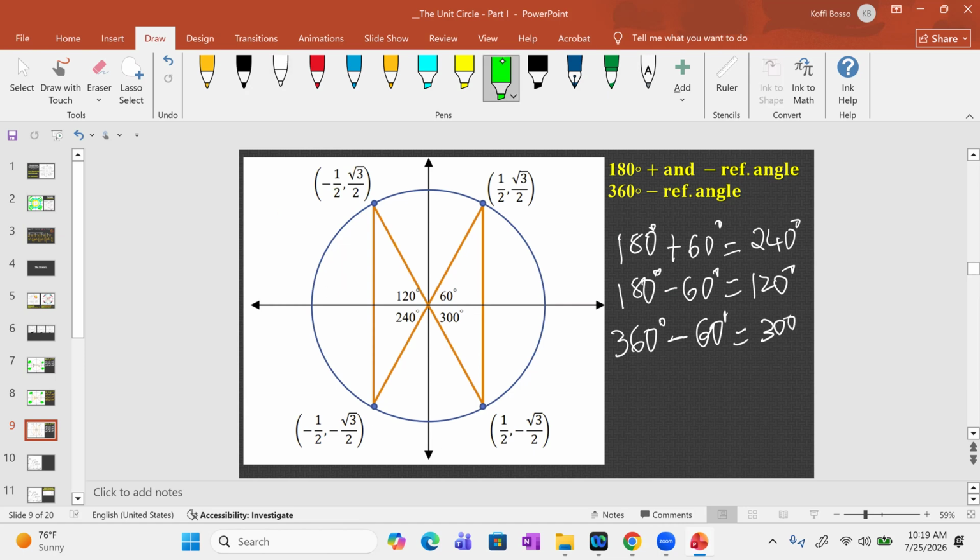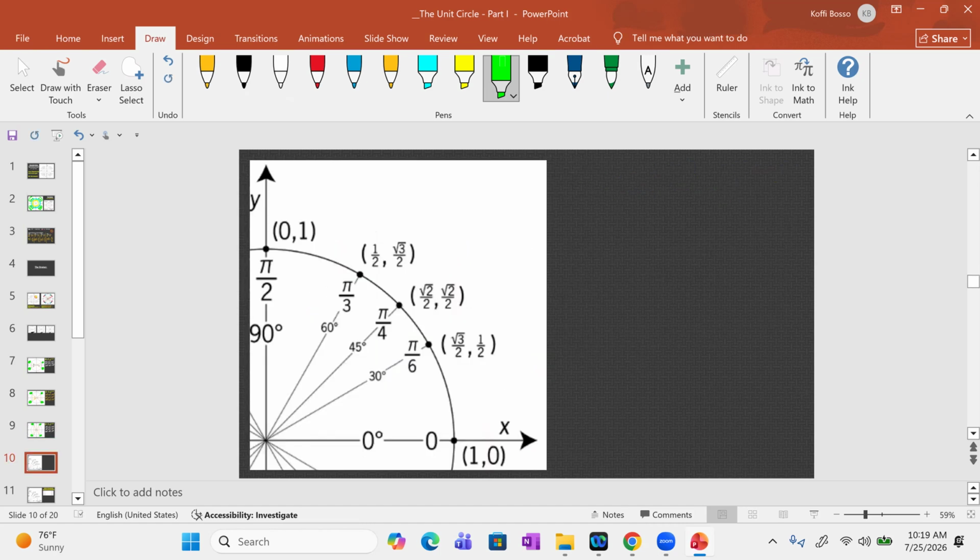And again, you see we have the coordinates of the point. And now depending on the location of the point in the quadrant, the sign can change, positive or negative sign.